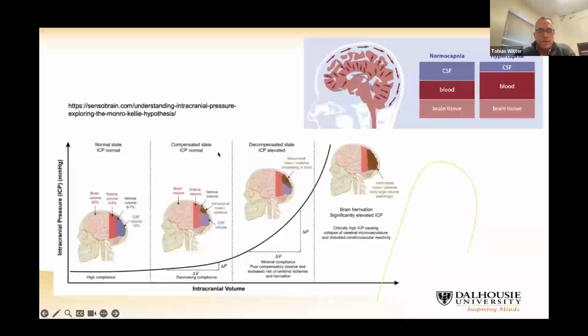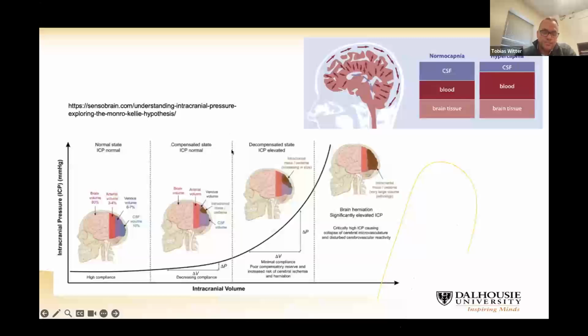And the main thing that goes out of the way is the CSF. As the real estate in our skull is limited, in the beginning, when we have a little bit of a bleed, our compliance curve just goes up a little bit. But as we move up this compliance curve, our pressure in our skull goes up significantly and then causes shifts and potential herniation of those patients.